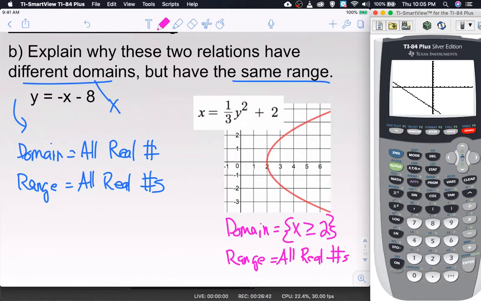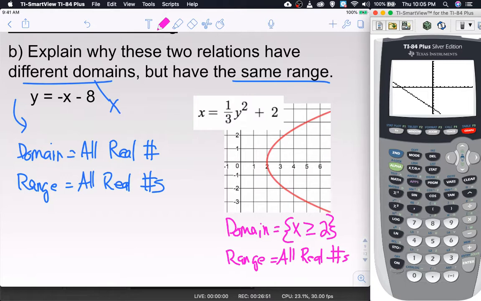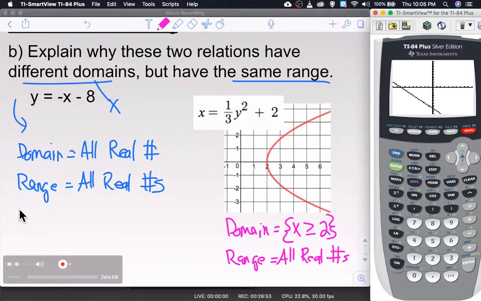I'm not going to write that out because my handwriting is sloppy and you don't need to see me write out that explanation. If you'd like to write it out, I encourage you to maybe rewind the video and pause it step by step to hear my words again. But they share the same range, all real numbers, but their domains are different. This one goes through every possible x value. This one only exists when x is greater than or equal to 2.